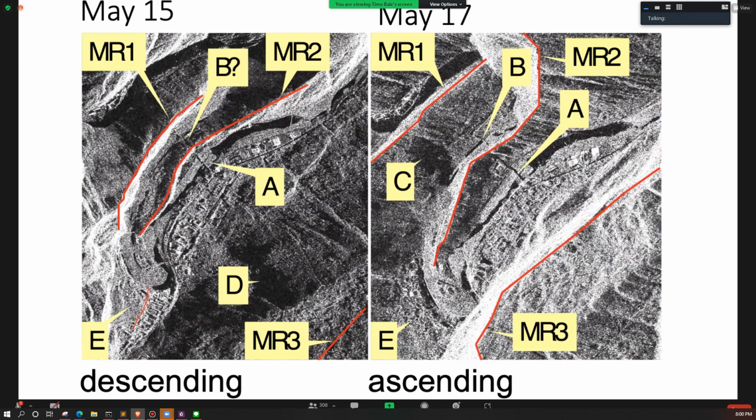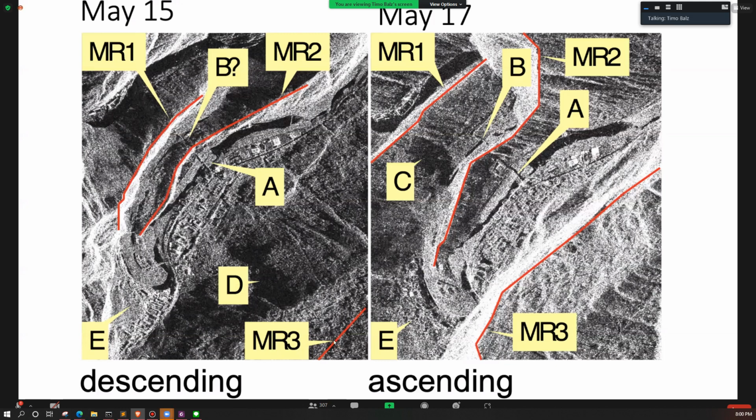And here something happened in this area E. Now we see the destruction also in the ascending image, but we do not see these normal buildings there under the layover. So without additional information, that is much more difficult to identify.